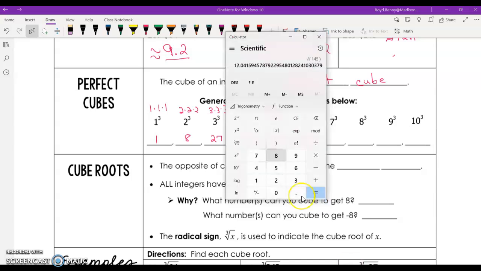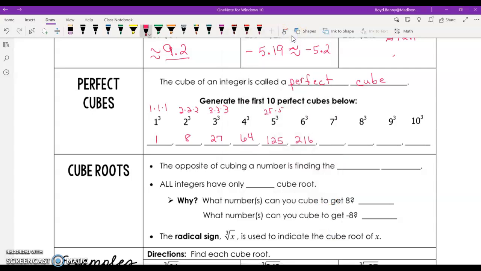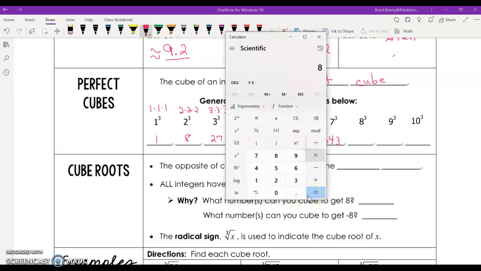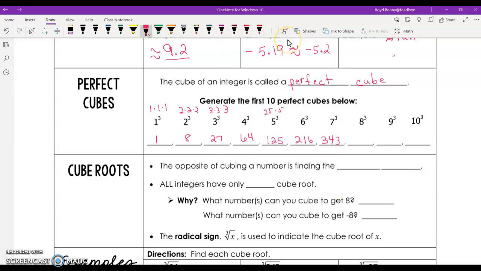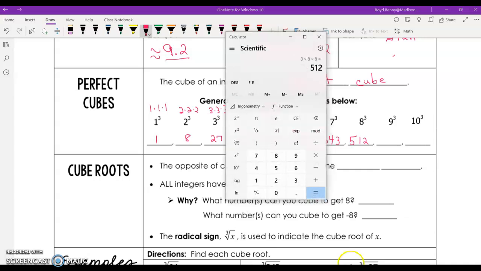7 to the third power, let's see, these are getting a little large. Let me try this here. Let's try 7 times 7 times 7, and that's going to give us 343. Okay. How about 8 to the third power? Boy, I don't know that one. 8 times 8 times 8, and that's going to give us 512. Okay. 9 to the third power.